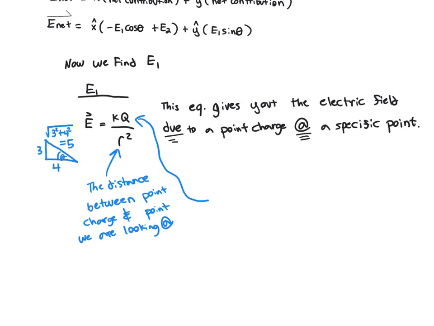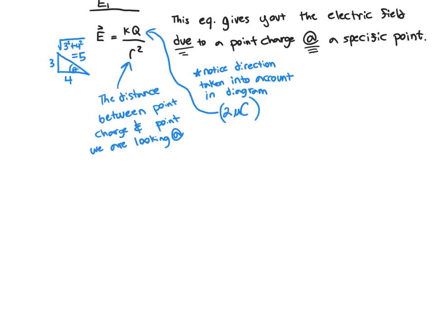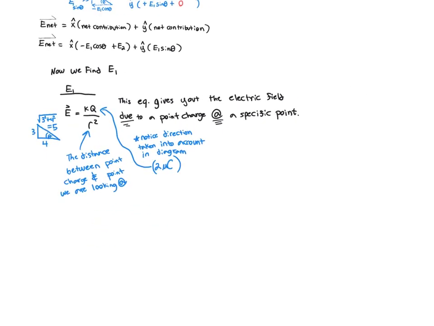And for Q, that's just what the charge is in coulombs. With that information, we can start to fill out what E1 should be. The only thing that's missing is k, which is the Coulomb's law constant, 9 times 10 to the 9.